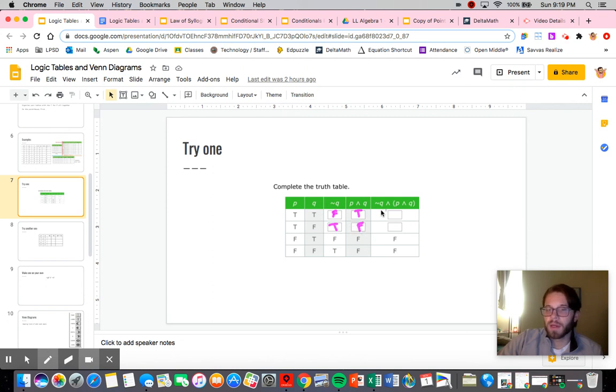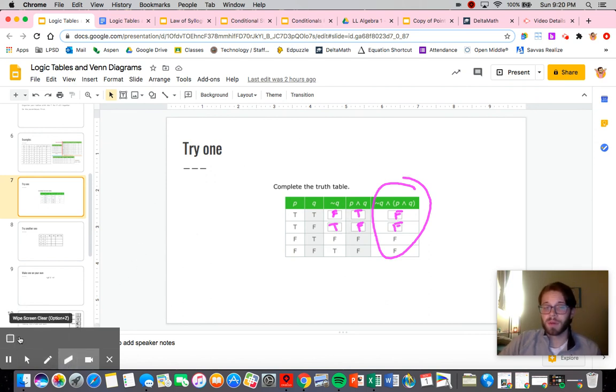False. All right. So not Q and P and Q. Again, it's an and, so you need them both to be true. False, false, true, false. True, false, false. So this whole thing is false. This is never going to work out. That is never going to have a truth value of true.